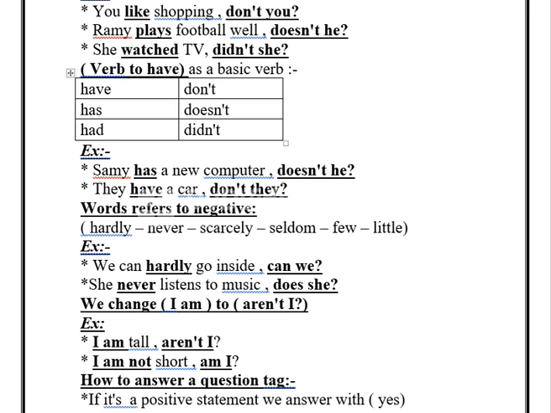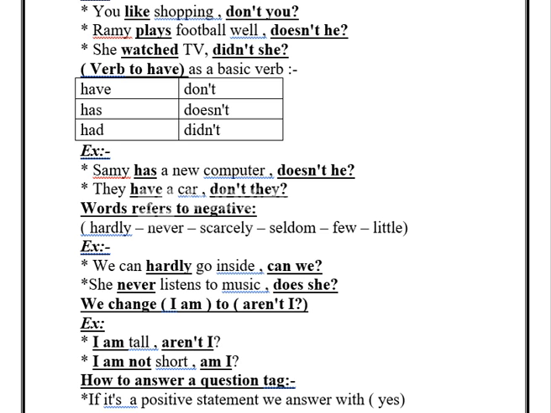If I said they have bought a car, I would say haven't they. But here has or have are basic verbs, so we change has to doesn't and have to don't. And if we find had, we change it to didn't.